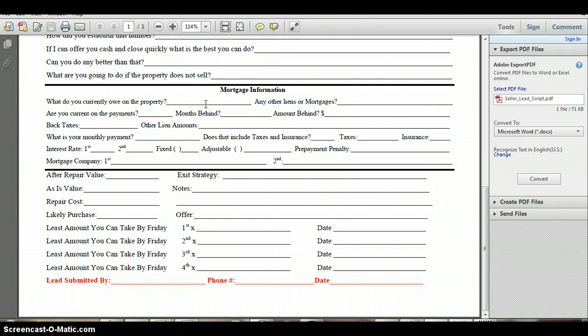The reason being is that a lot of sellers who have property have mortgages. And in our situation, while we do make cash offers, a lot of times these particular sellers have mortgages and they are underwater, or they may have zero equity, which means that the mortgage balance is equal to the fair market value of the property.